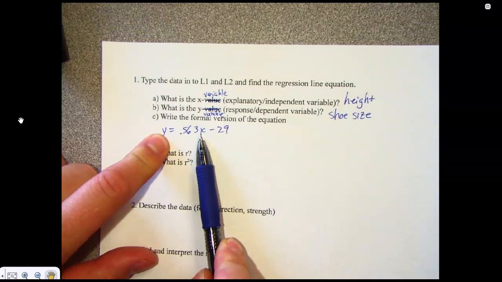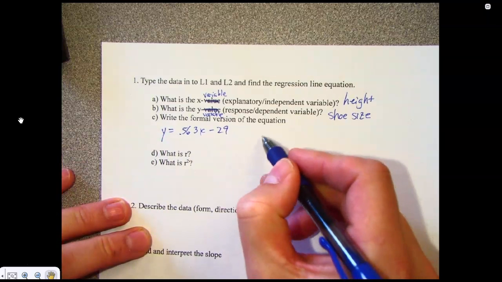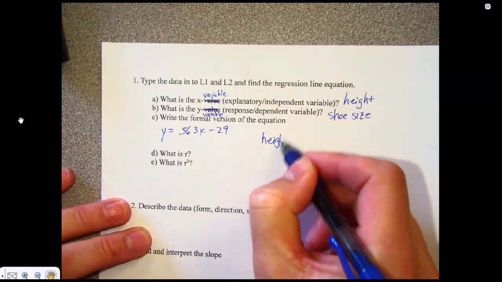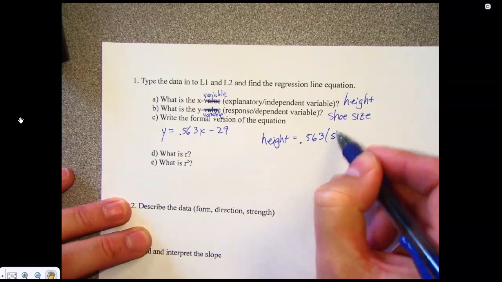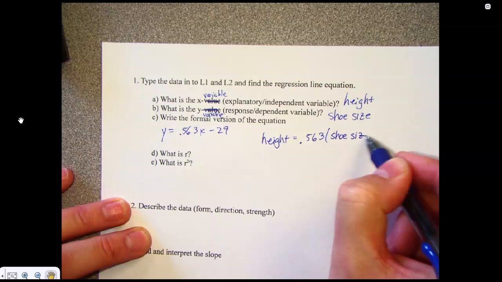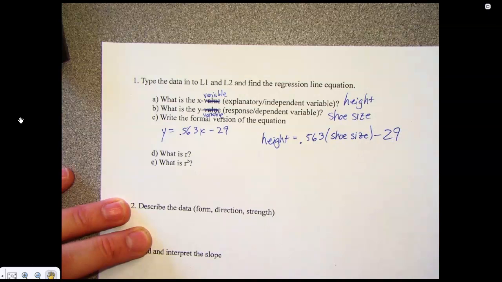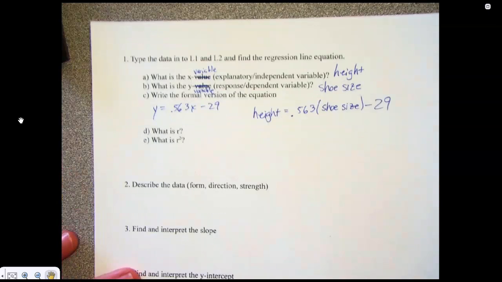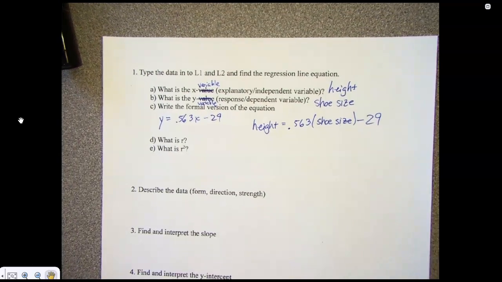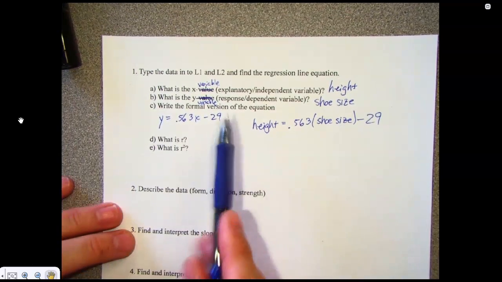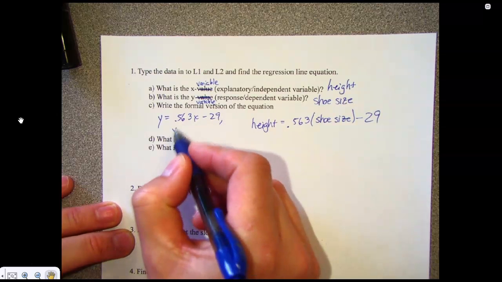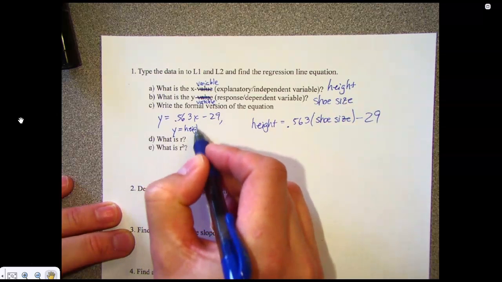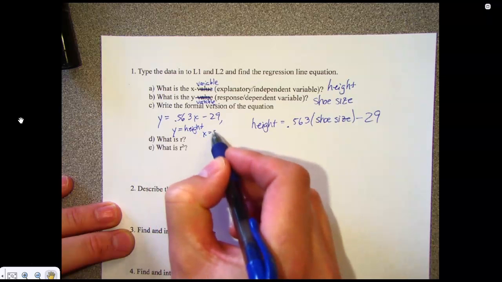So let's start with that. So I'm going to go, okay, height equals 0.563 times shoe size minus 29. Alternatively, you could write it this kind of lazier way, and then below it say, hey, by the way, y is height, and x is shoe size.